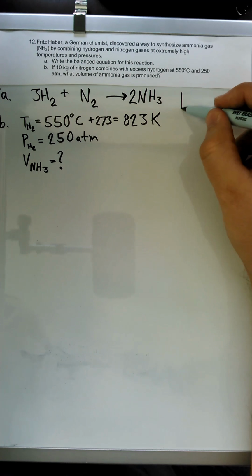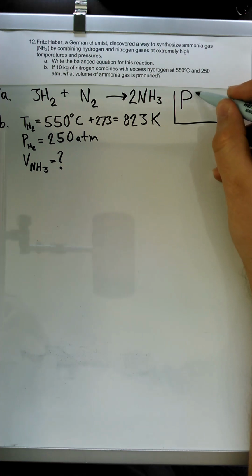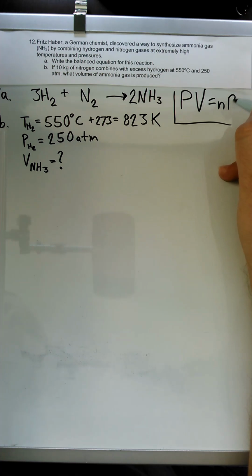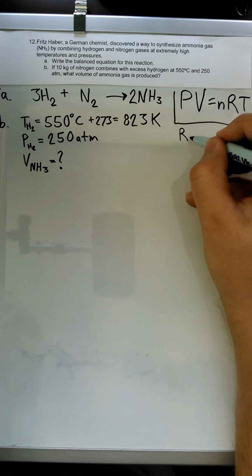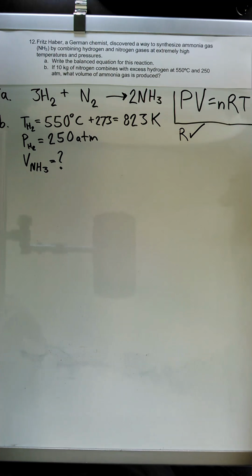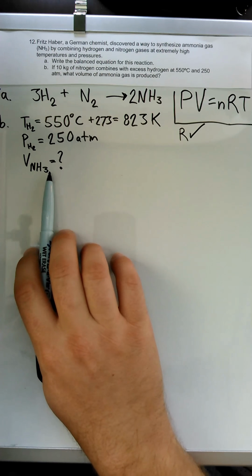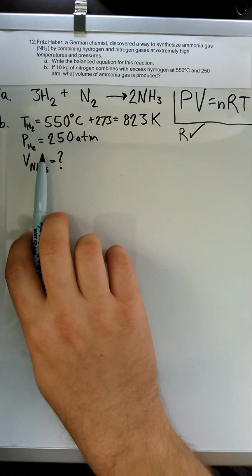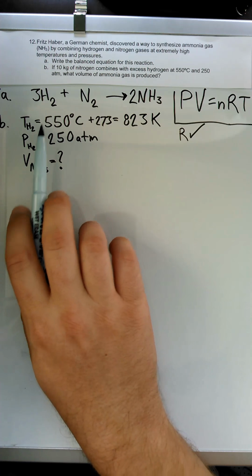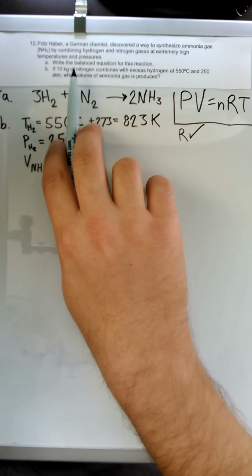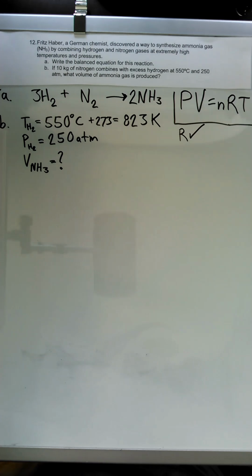Okay. We know our equation, our ideal gas law, is simply PV equals nRT. We know our constant R. That's a given. And we need to find now n, in terms of, we're given mass in terms of nitrogen. We need to find our number of moles for the ammonia.